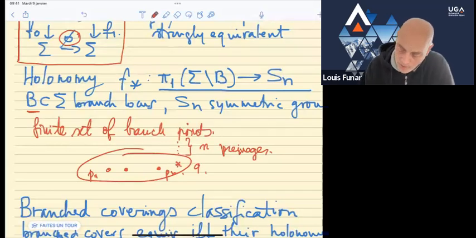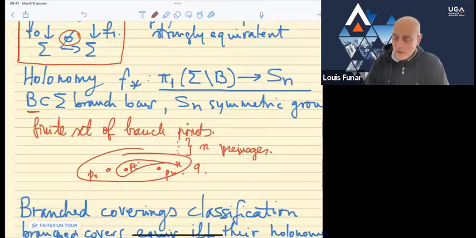So the way the pre-images are permuted when we are traveling around one branch point corresponds to a homomorphism from the fundamental group of sigma, our bottom level surface, minus the branch points into the symmetric group on n elements if we have a degree n covering.